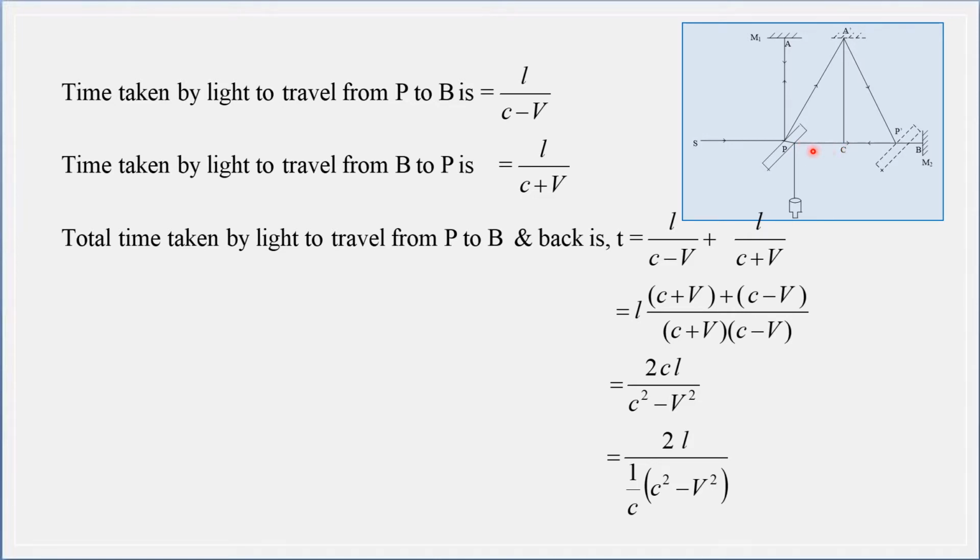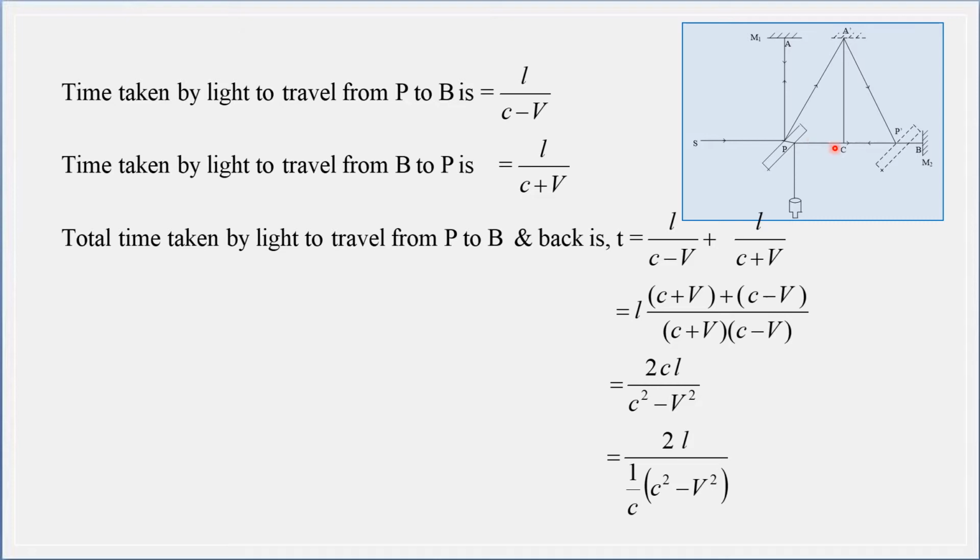So the time taken by the light to travel from P to B1, that is at the mirror M2, will be equal to distance divided by velocity. Distance P to B1 is L, and the resultant velocity is c minus v, so the time is L divided by (c minus v). Then at the point B1, on the mirror M2, the light will be reflected back to P.